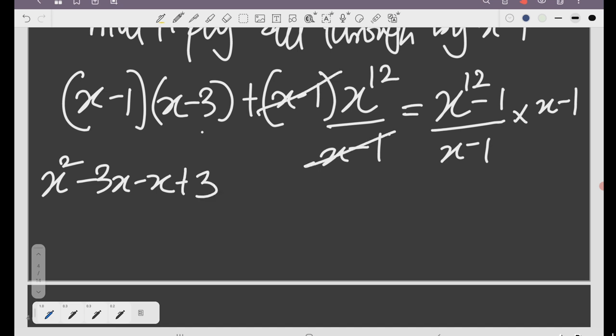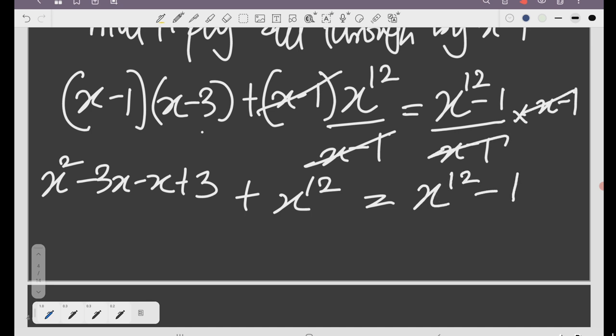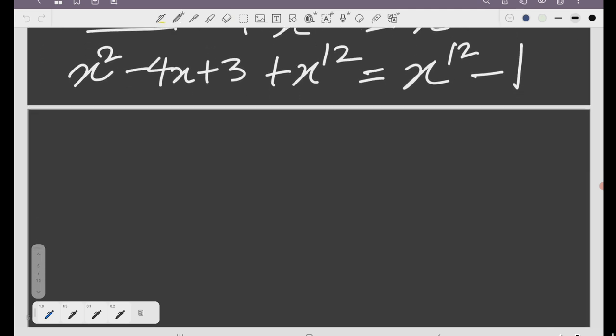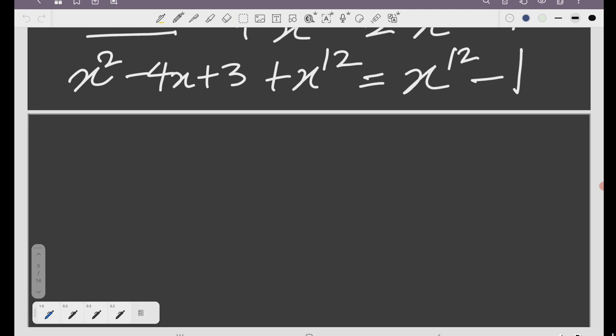Now this will cancel this, plus x raised to the power 12 is equal to x raised to the power 12 minus 1. So let's add these two together. We have x squared minus 4x plus 3 plus x raised to the power 12 is equal to x raised to the power 12 minus 1.